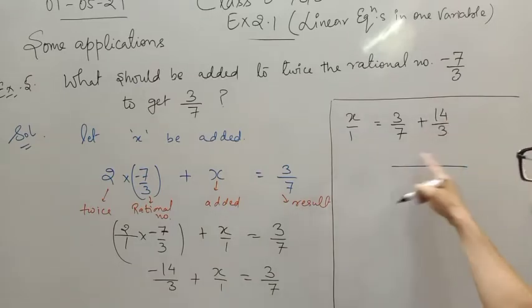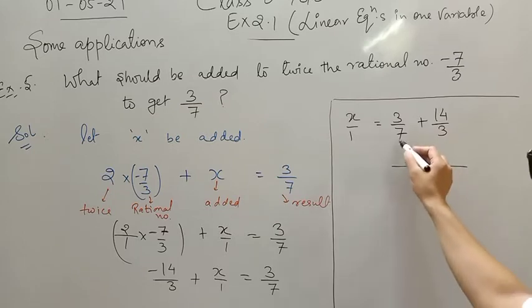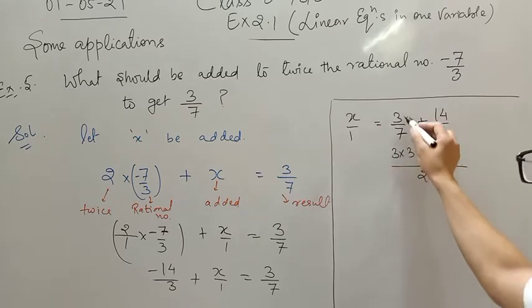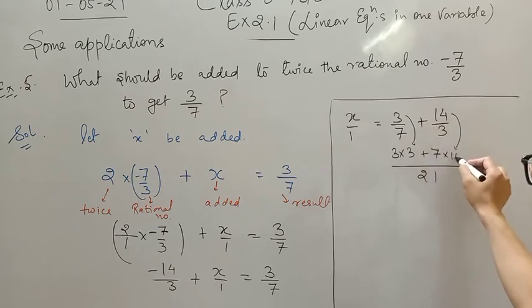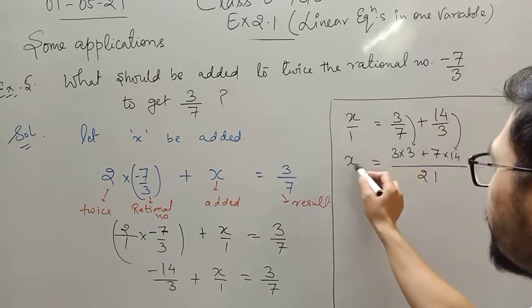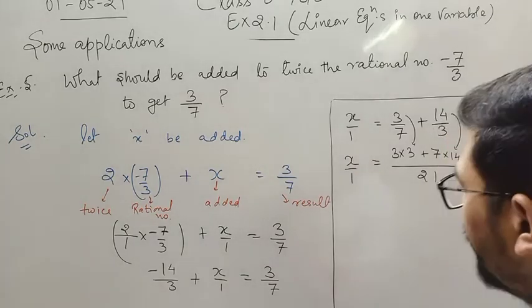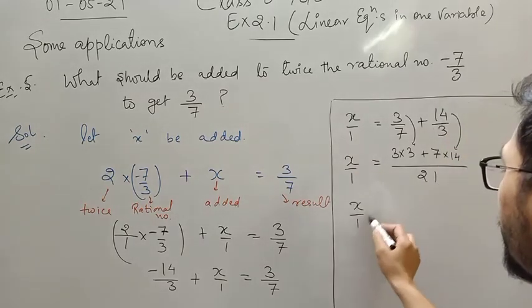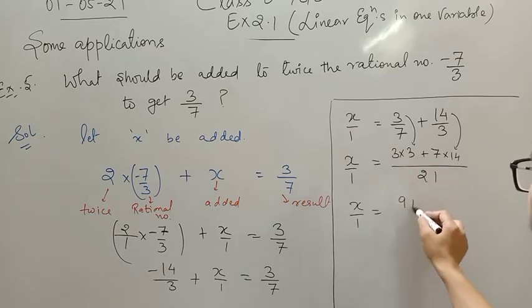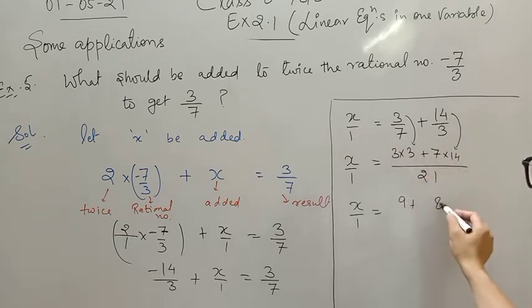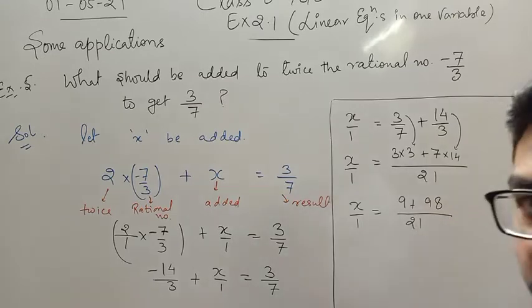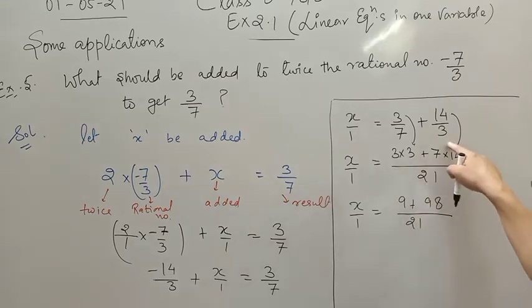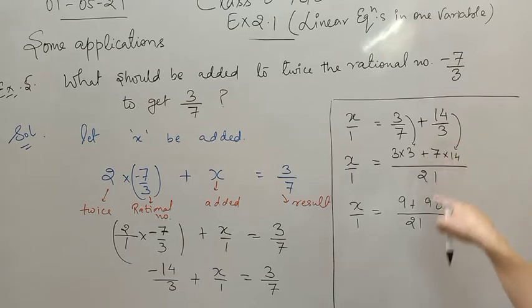Now what is the LCM of 7 and 3? It is 21. 7 3s are 21 into numerator, 3 7s are 21 into numerator, is equals to x upon 1. Now x upon 1 is equals to 3 3s are 9, 7 4s are 28 and 19 upon 21. Any doubt? 7 4s are 28, 7 1s are 7 plus 2 9, and 3 3s are 9 as it is.